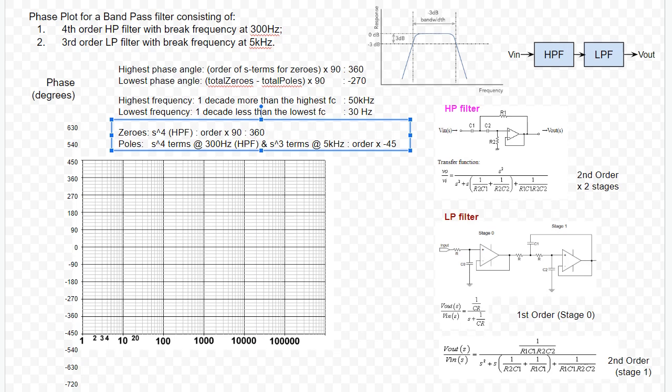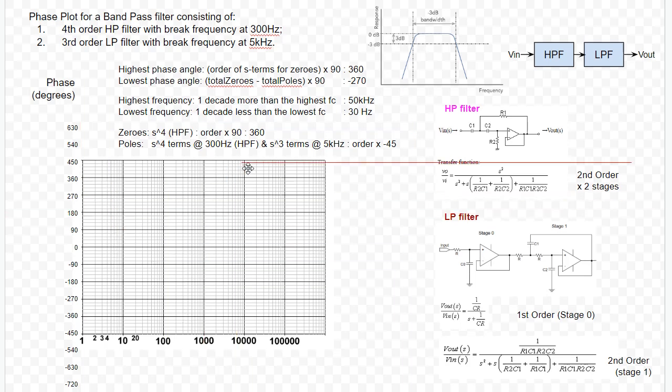So we're gonna have, because it's a constant term, a constant term from 360 onwards all the way till infinity.